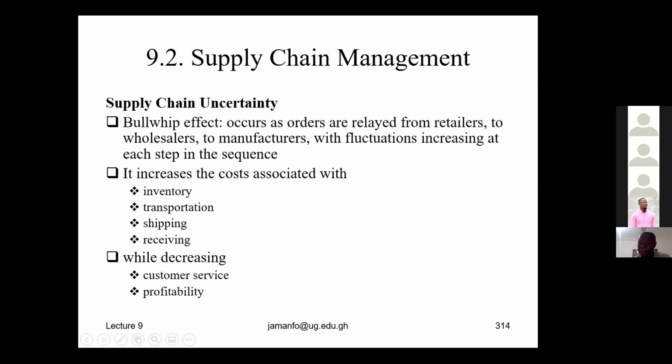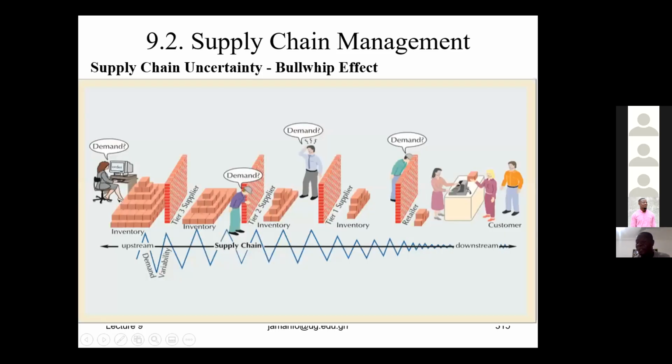Remember, the effect of this excessive inventory keeping is that it reduces profit for everybody. Now take the typical Walmart example that I have just relayed to you. If Walmart is selling this product to this customer, straight away, that information is shared with people along the chain. And therefore, there will be no need for them to keep this level of inventory.